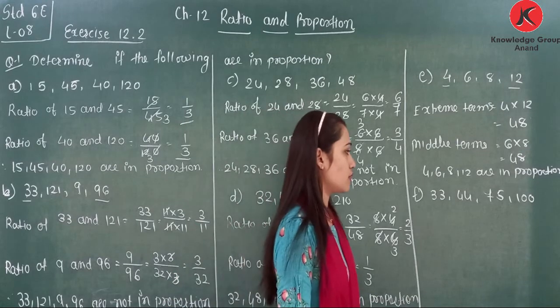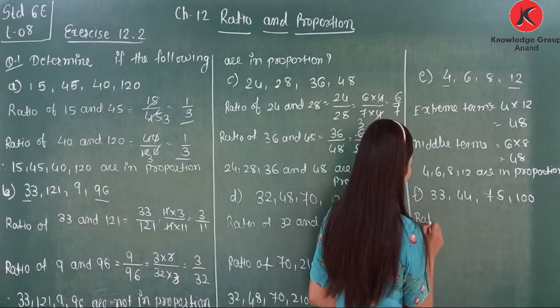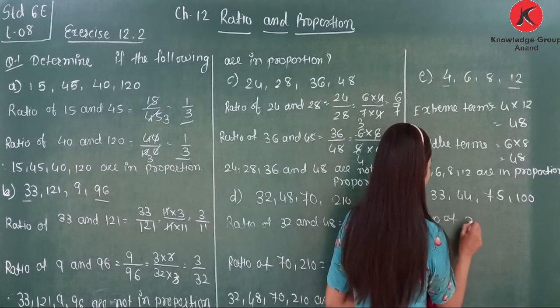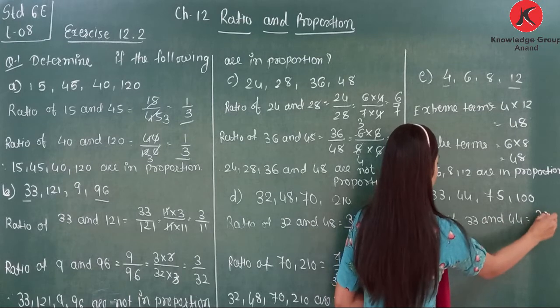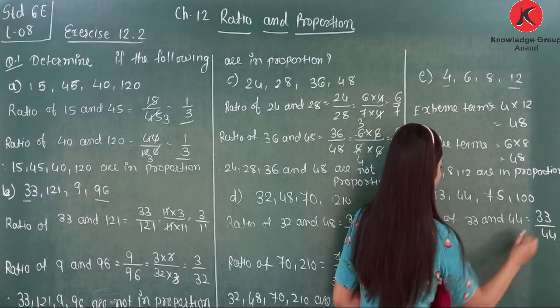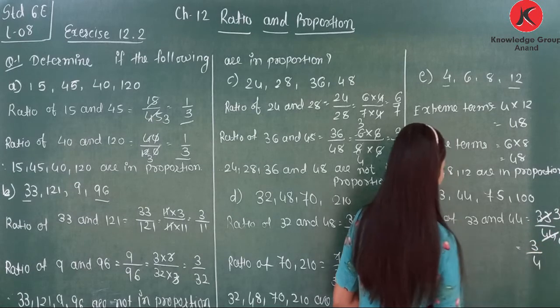For example, 33, 44, 75 and 100. Let's find the ratio. The ratio of 33 and 44. 11 threes are 33, 11 fours are 44, so it is 3 by 4.